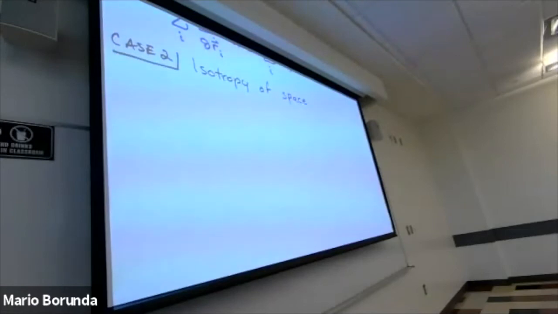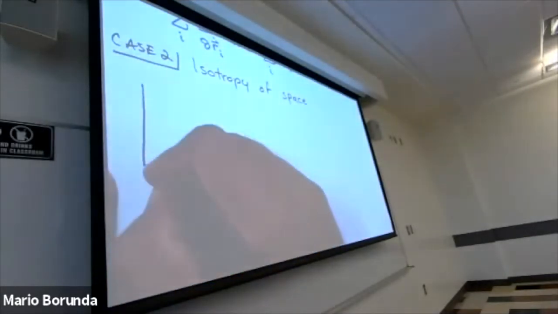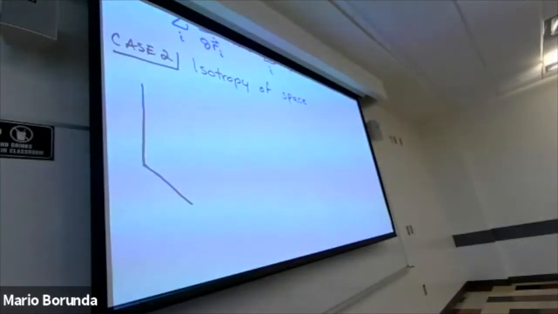So Katie, what does isotropy of space mean? The other one was homogeneity, right? That is the same everywhere. So now isotropy, what does the word mean? Anybody know isotropy? There is a preferred direction? Okay, so this is isotropy of the space.